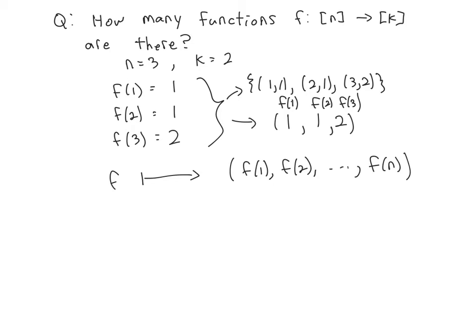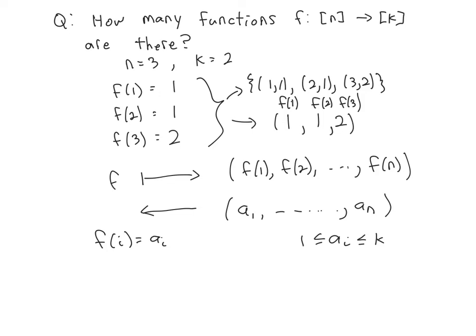And you can actually go backwards. Given such an n-tuple of numbers, where each of the a_i's is between 1 and k, you can get a function. You just define f of i to be a_i. The f of i is just the ith coordinate.